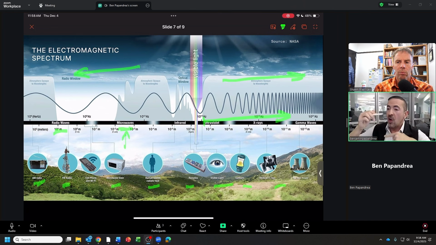Water molecules have almost like a north and south pole, like a plus and minus. And as the microwaves oscillate back and forth, the water molecules in the food are going like this. They're trying to reorient to the microwave's north and south pole. So they're kind of going crazy, and that causes heat. Just the movement causes frictional heat.